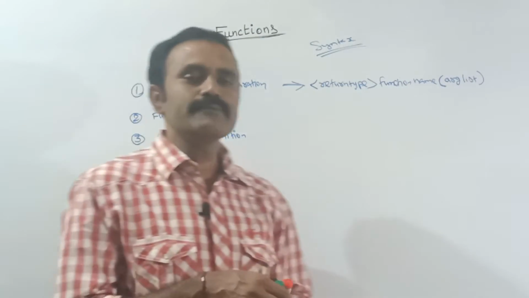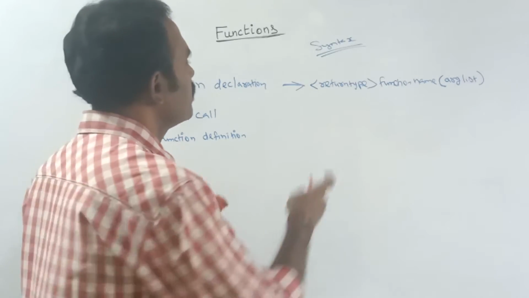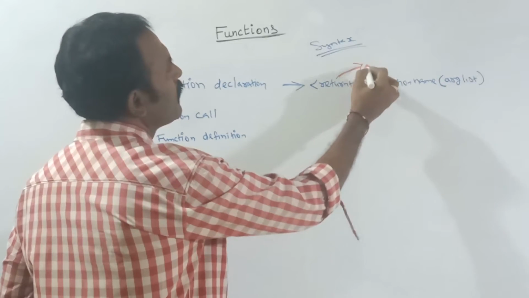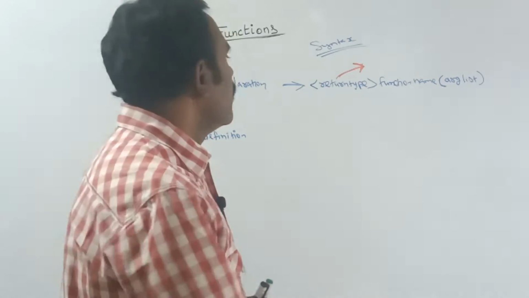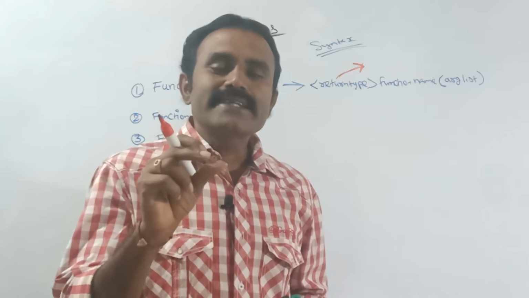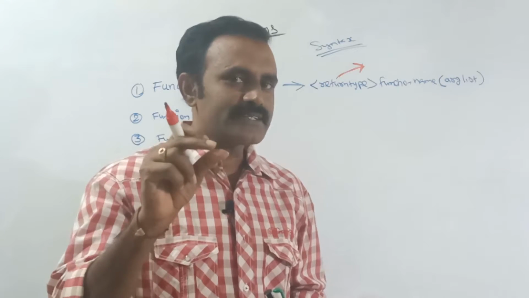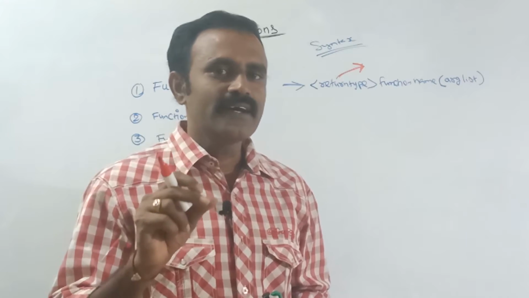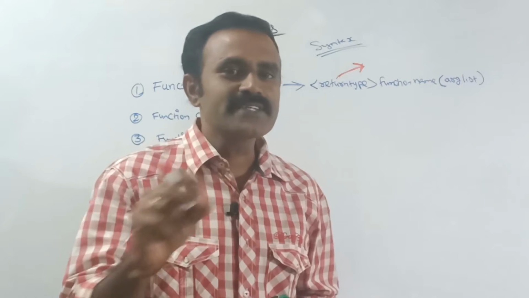What are the return types? We had already seen the return type in built-in functions, for example the string function. If we want to find the string length, the argument we pass is the string.